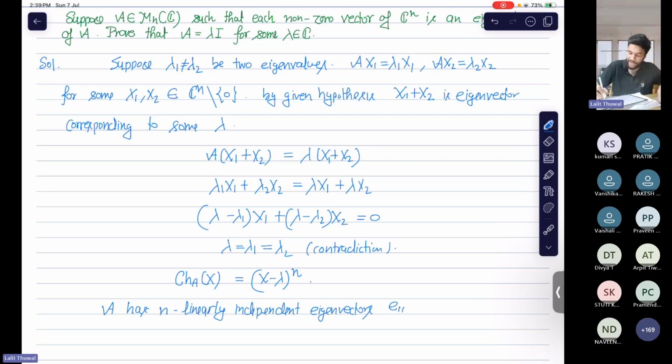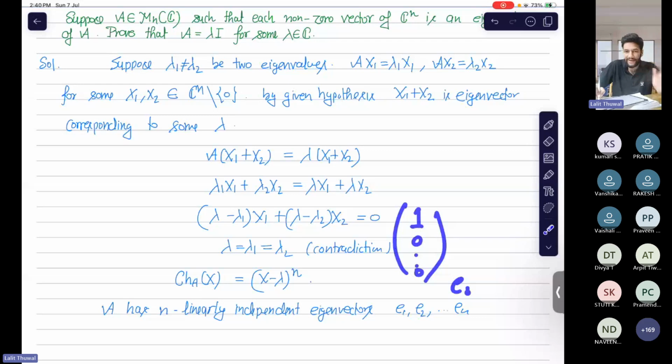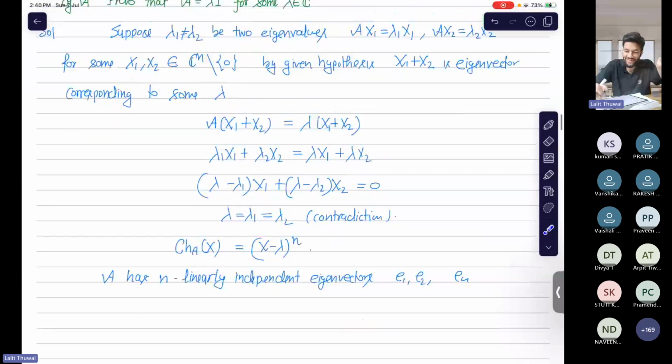You can take e1, e2, ..., en, where e1 means (1, 0, 0, ..., 0), and ei means 1 at the ith place and 0 in other places. So these are linearly independent vectors. A matrix with n linearly independent eigenvectors is diagonalizable, right? So A is diagonalizable.